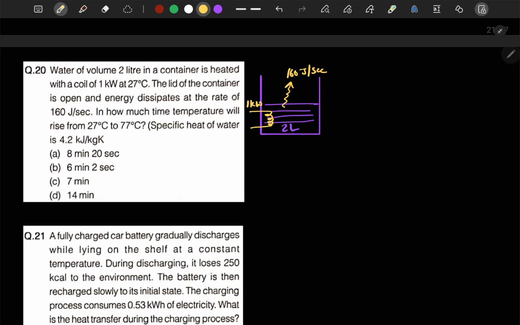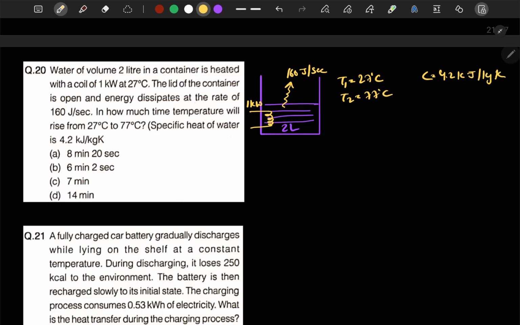In how much time will the temperature rise from the initial temperature T1 equal to 27 degrees Celsius to the final temperature T2 equal to 77 degrees Celsius? Cp for water is given as 4.2 kilojoule per kg Kelvin.